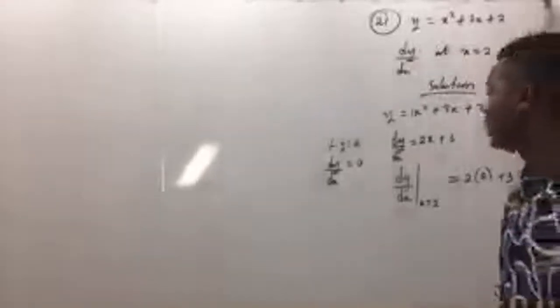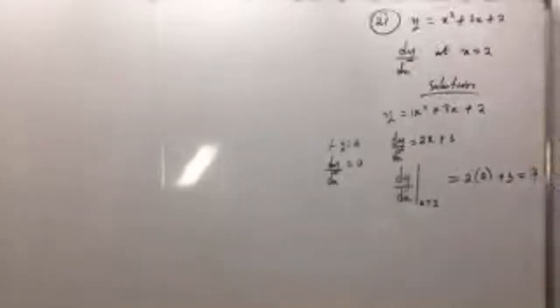Now that brings me to question number 23. In this question we have several problems to tackle. We have A, and we are going to differentiate all these functions. Let me write out all the functions.